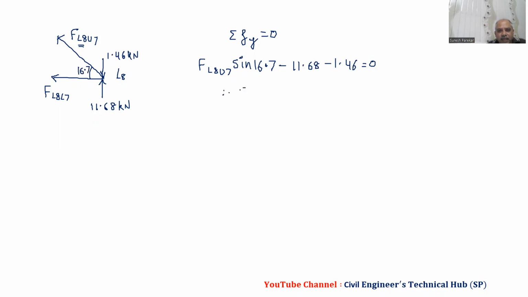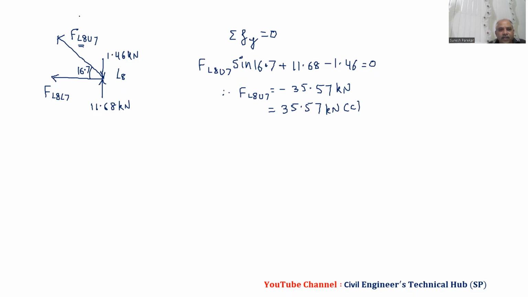Sorry, this is also plus and only this is minus: 11.68 upward, 1.46 downward, and from this we will get this value equal to minus 35.57. So FL8U7 is minus 35.57 kilonewton, so this is 35.57 kilonewton compression.